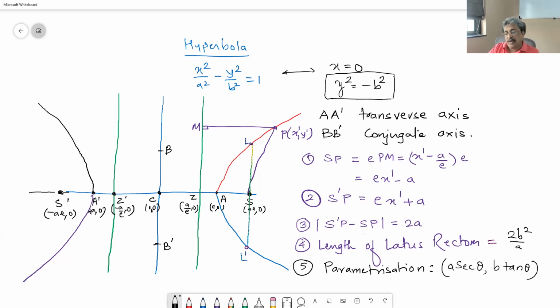But in case of ellipse, identification of that theta was relatively easy. Here you need to figure out in the diagram what we mean by theta, and how you are going to control the theta value to get different points on the hyperbola. So that is why I give you some time to think.